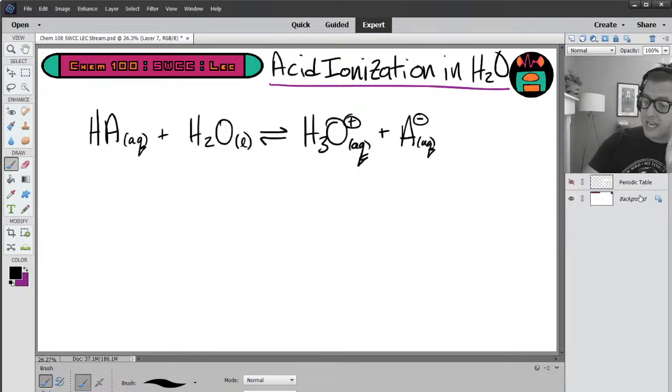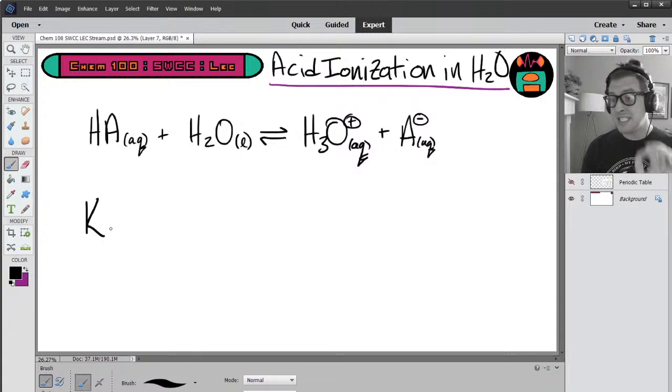All right, and we can write an equilibrium constant for this reaction, because it's a reversible reaction. We can write Keq. Now, we're not going to label it Keq. We're going to label this Ka because it is the equilibrium constant for the acid ionization in water. So it gets a special little label.